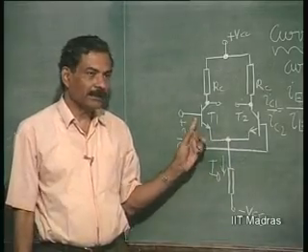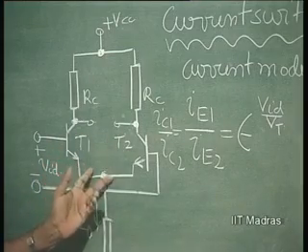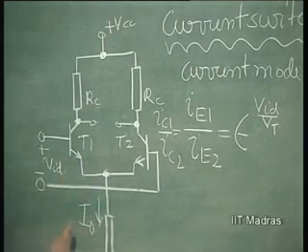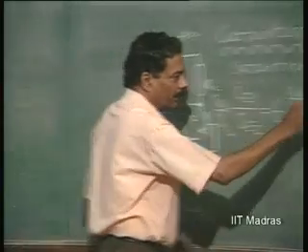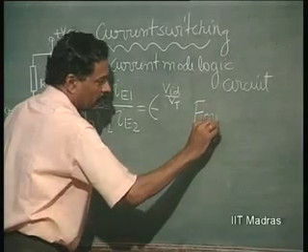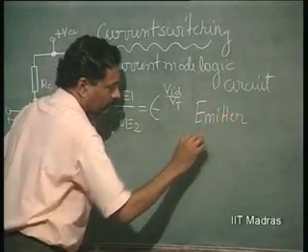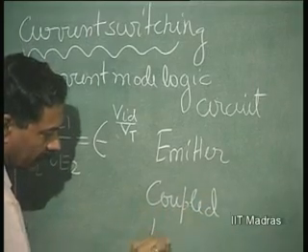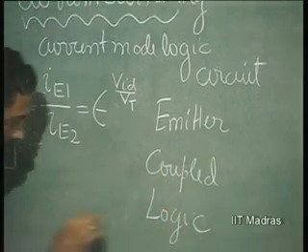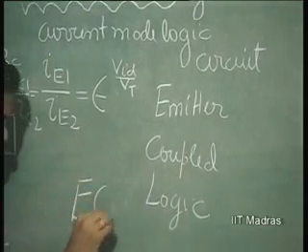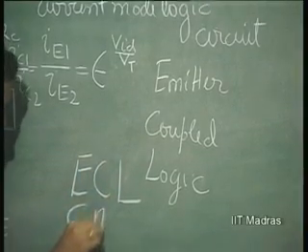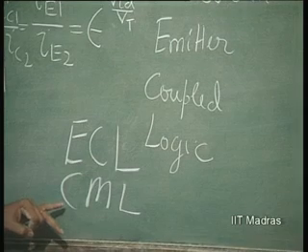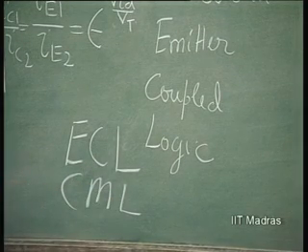The emitter is coupling this transistor, it is coupled at the emitters to a common point. So, this is called emitter coupled logic, or popularly ECL, or current mode logic, ECL or CML.